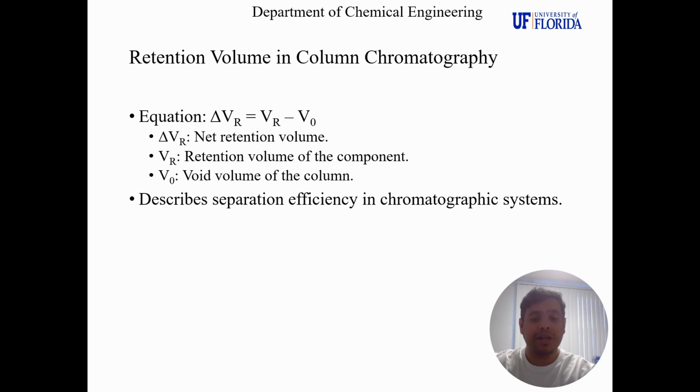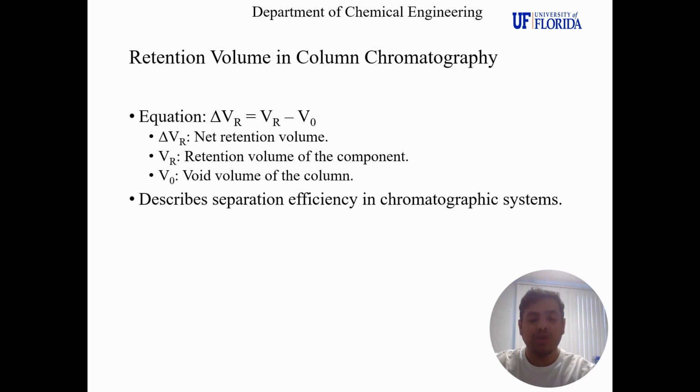The equation delta VR equals VR minus V naught measures chromatographic performance. A higher delta VR indicates stronger adsorbate-adsorbent interactions, facilitating effective separation. By analyzing the retention volume across different conditions, researchers can identify optimal operating parameters.